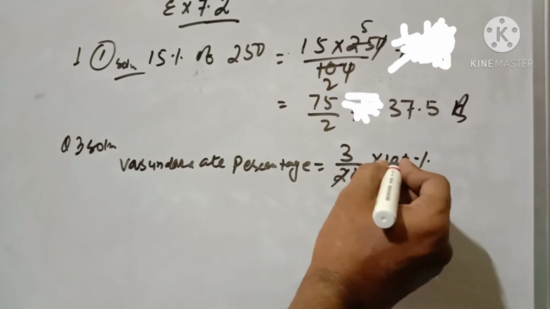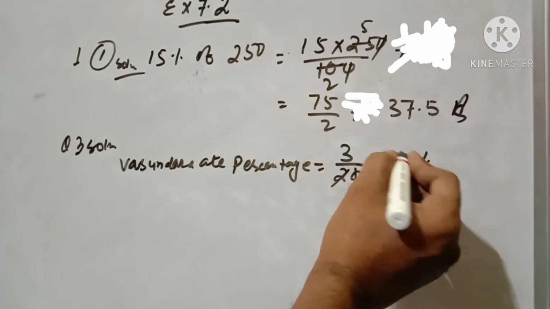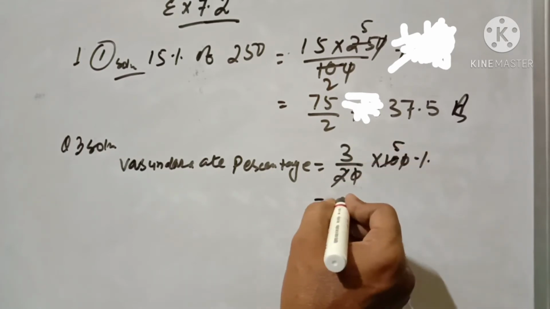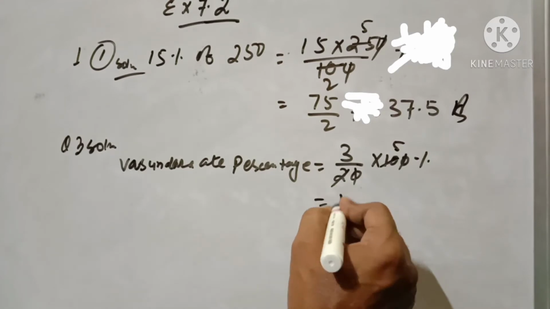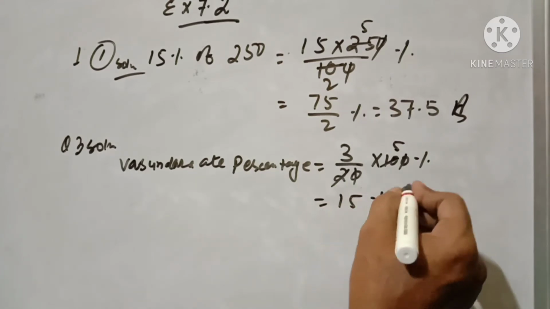This will be 5 2s are 10, 5 3s are 15. 15%. This is our required answer.